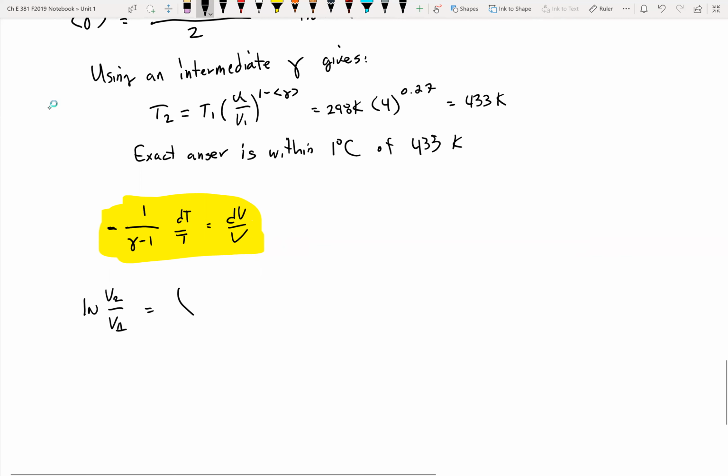And on the right side, I've got an integral from T1 to T2 of 1 over gamma minus 1, dt over t.